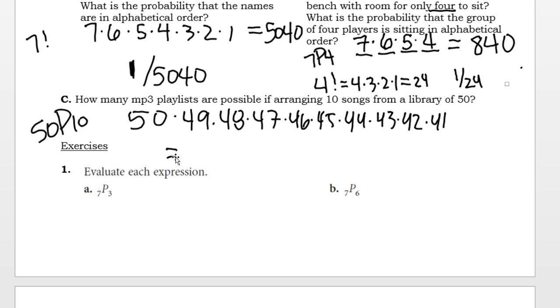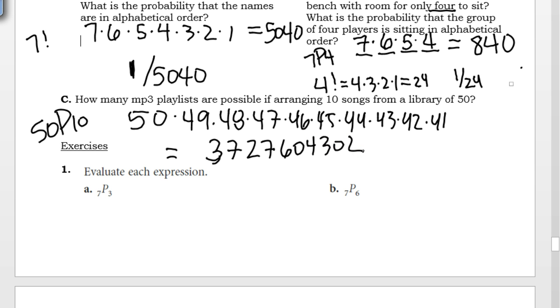And I know most people have way more than 50 songs. Yeah, that's a pretty big number.